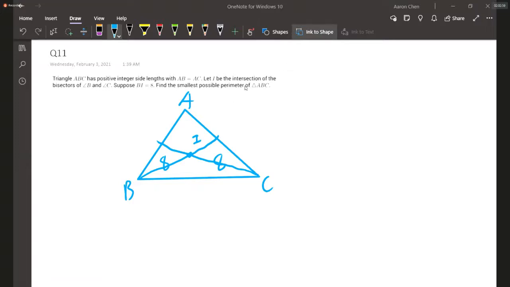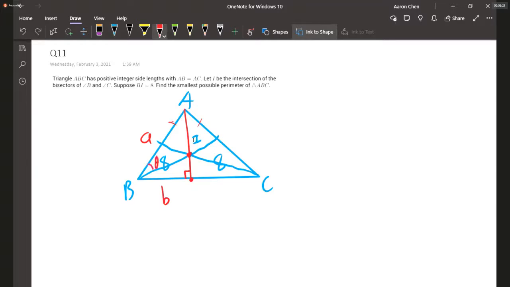All right. So first of all, we can add a perpendicular here, and it must go through I because it's an isosceles triangle, and AB is equal to AC. And so we can let AB have side length A, and this have side length B. And then we can use a bit of trig here.